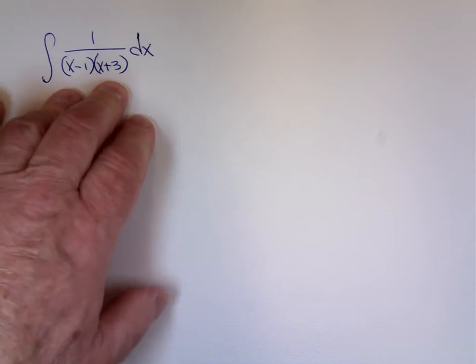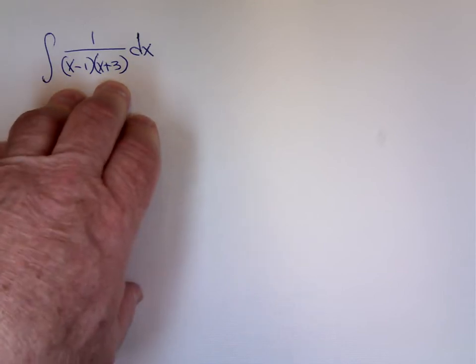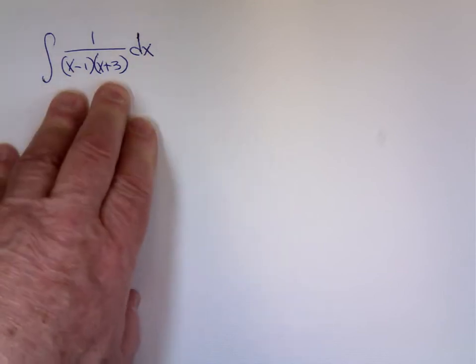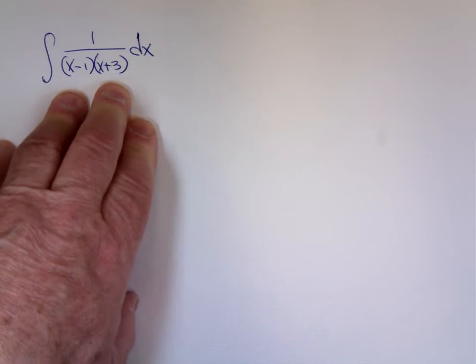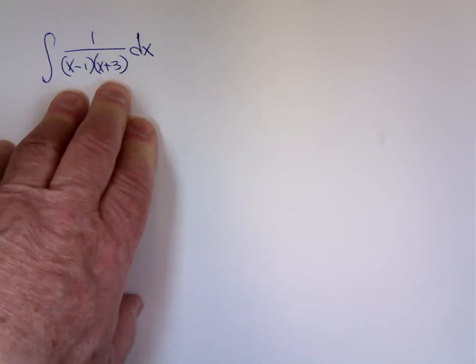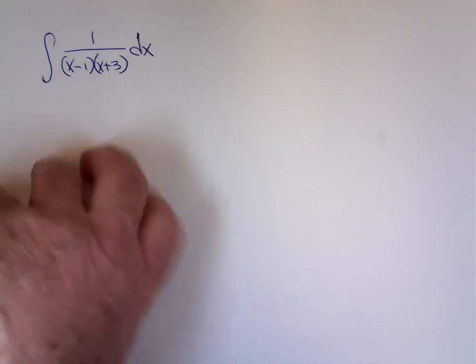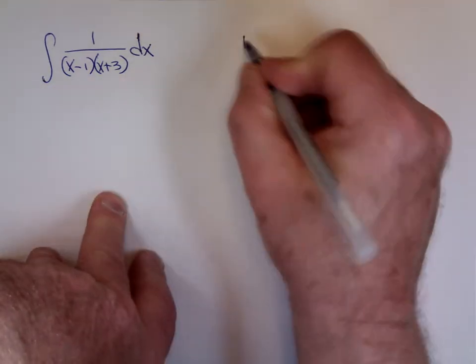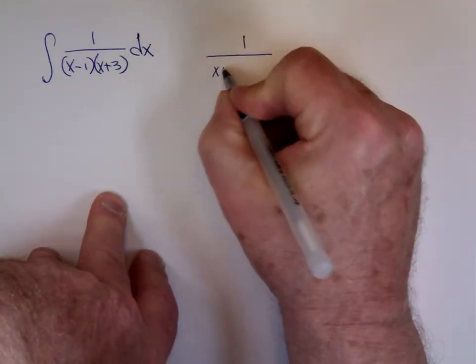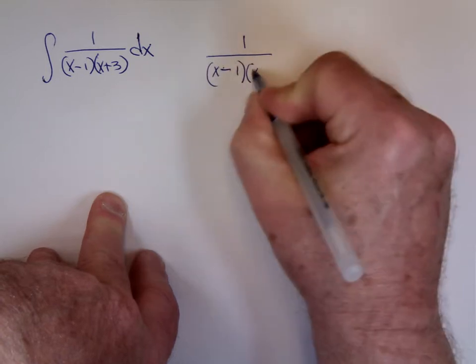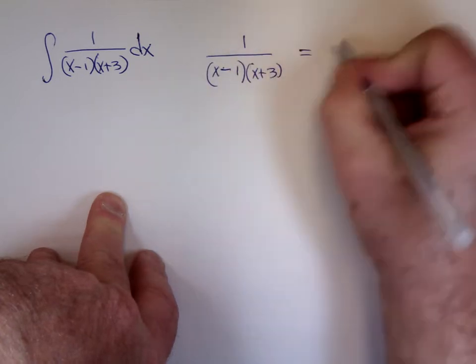The way to do a problem like this, a rational expression where the denominator is factored into two linear factors, is with partial fractions. What we're going to do is take this fraction and rewrite it as the sum of two fractions.